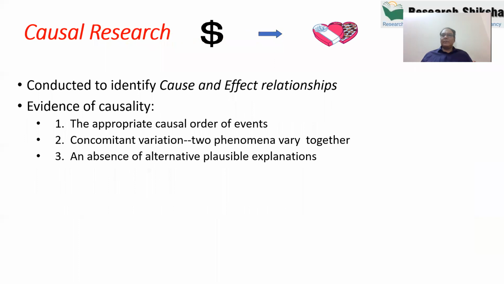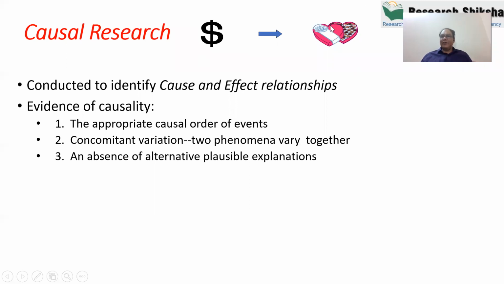And the third is causal research. In causal research, we conduct experiments to understand the relationship between different variables, and in this session, we are going to discuss it in much more detail. Like you can see, there is a symbol, the dollar and the heart.